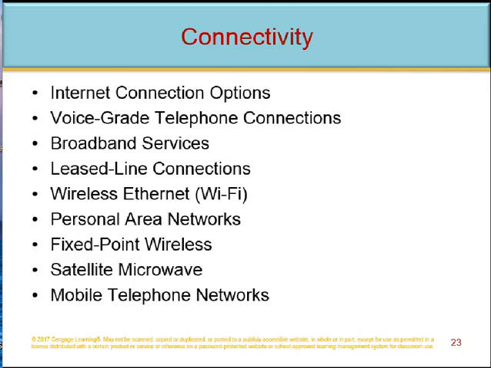Hotspots are wireless access points that are open to the public. Bluetooth is a low bandwidth technology, usually 722 kilobits per second, designed for personal use over short distances. It's useful for wireless synchronization and printing.